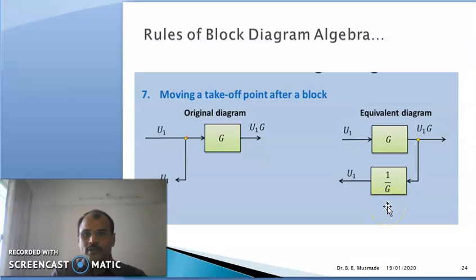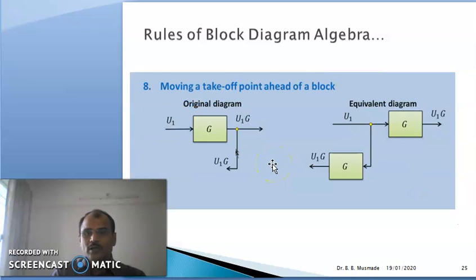Likewise, moving a takeoff point after a block needs this adjustment. Always keep track of the required information. Similarly, moving a takeoff point ahead of a block again needs the compensation of this block. So a very interesting theory of reduction.